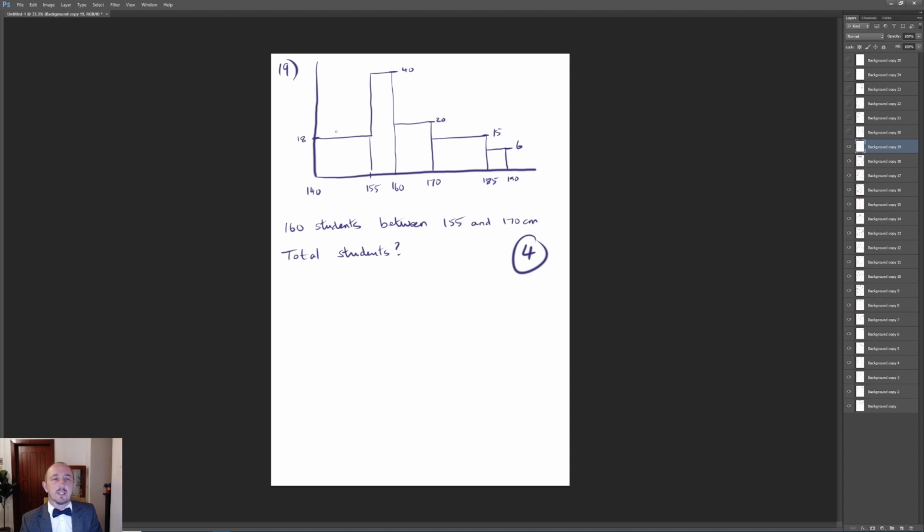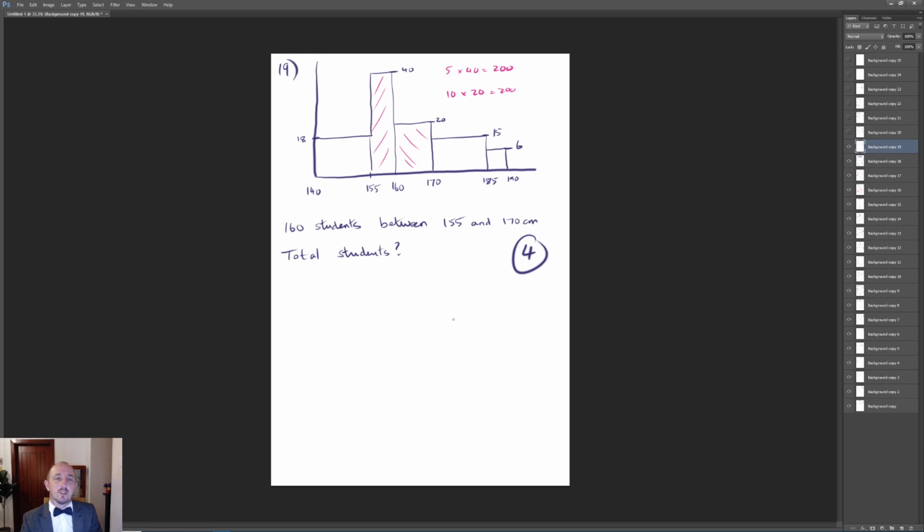For the histogram question, there was no frequency density down the side, so you can just use this as tiny squares and work out the area, where 160 students are between 155 and 170. This bar here was a width of 5 and a height of 40, which is 200 tiny squares. And this one here is a width of 10 and a height of 20.